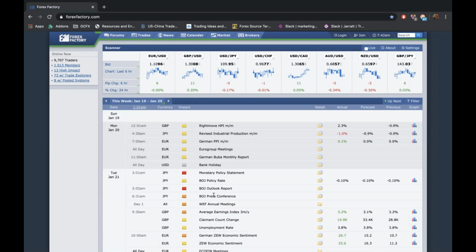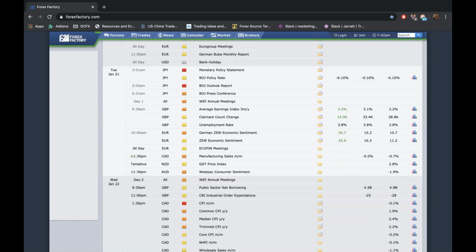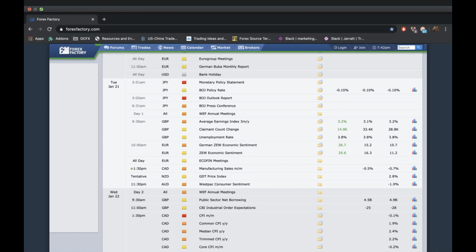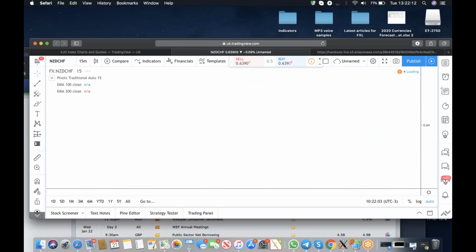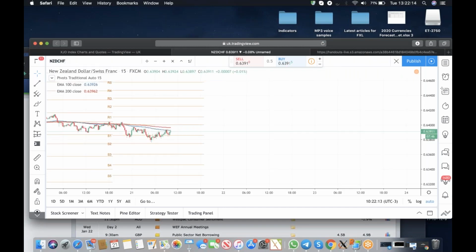So looking at that, one potential swing trade that I'm looking at, and please remember, this is not trading advice, because market environments can change every second, so you have to be flexible.